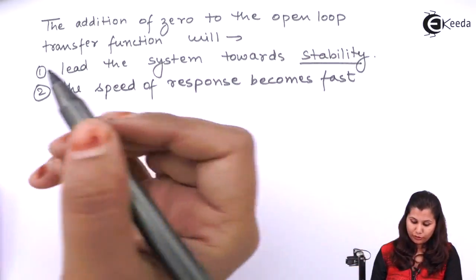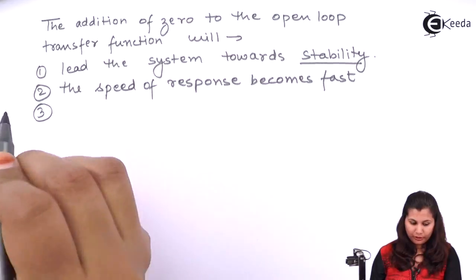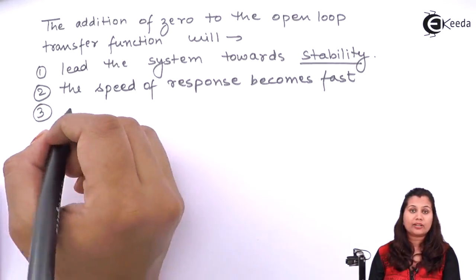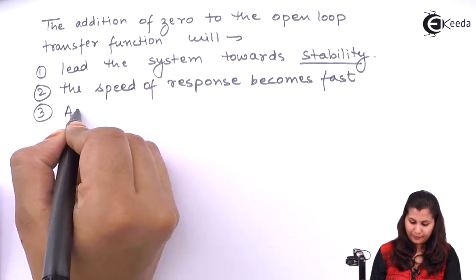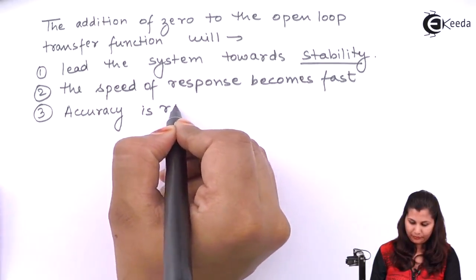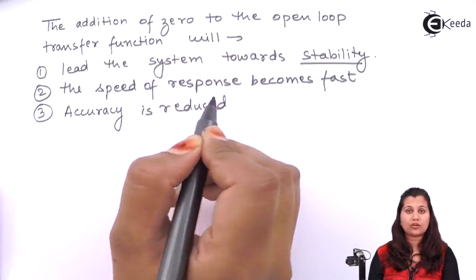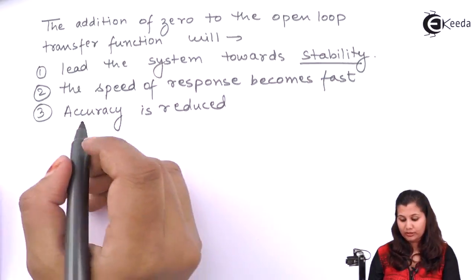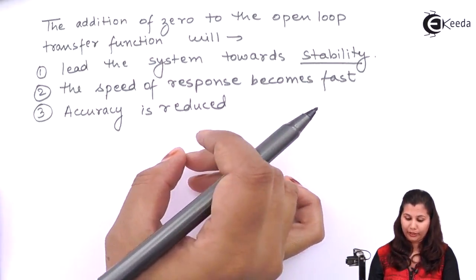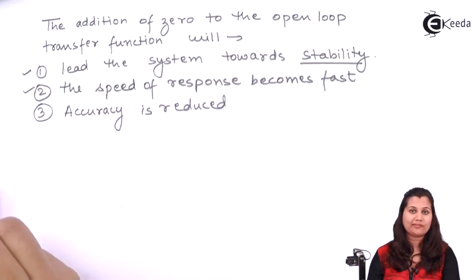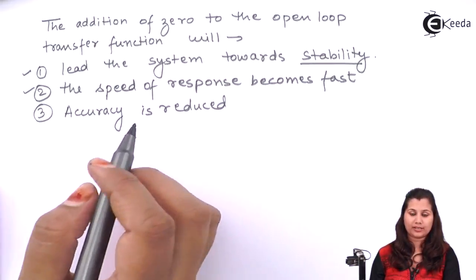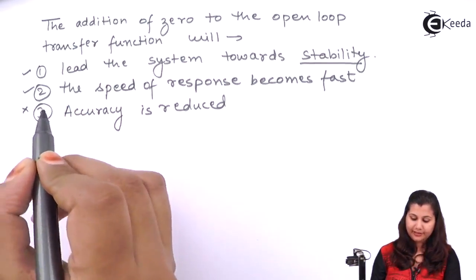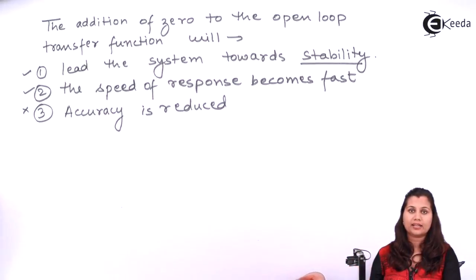Now the third point is that the accuracy is reduced. This is not desirable because we want our system to be accurate. So these are the two good points when we are adding a zero to the transfer function, and this is our negative point, that the accuracy is reduced.